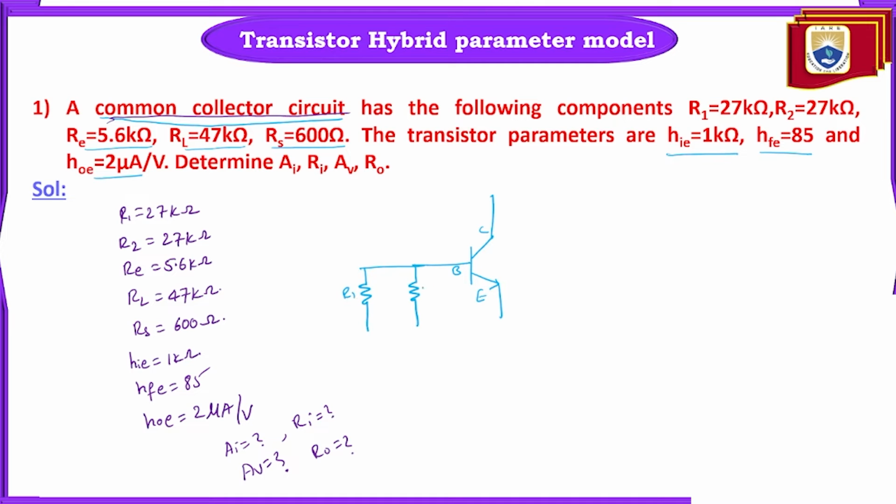This is R1, this is R2, and here we are providing the input signal Vs. And this is R1, this is Rs, sorry. This R1, R2 acts like a potential divider circuit for the common collector configuration in order to provide the proper biasing required for the amplification.